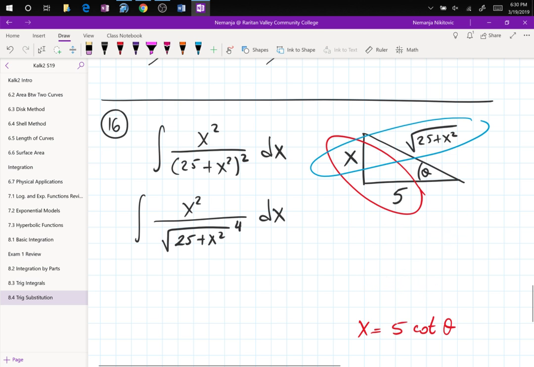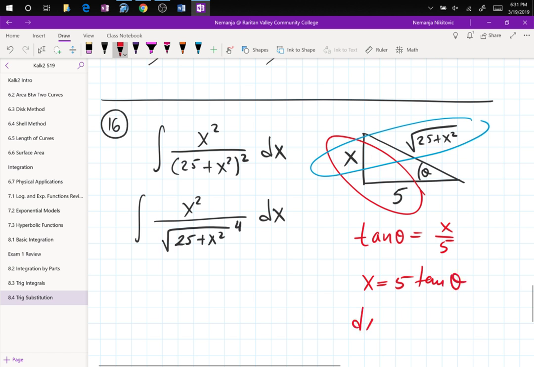I'm sorry. So what I've just done is I swapped x and 5 because I can. And now I am going to work with a secant tangent pair. So now my tangent theta is equal to x over 5. And x is 5 tangent theta.